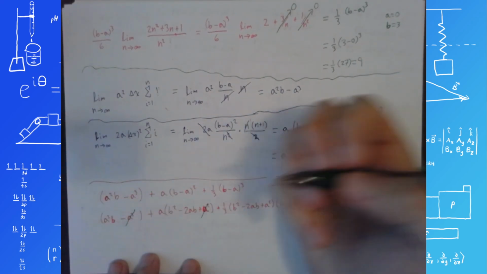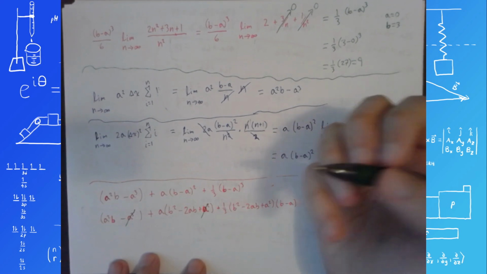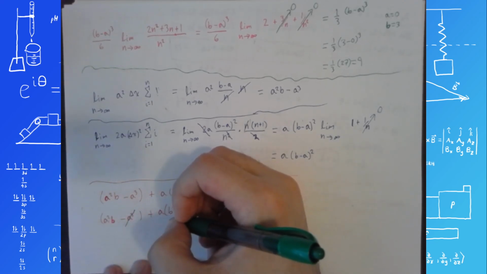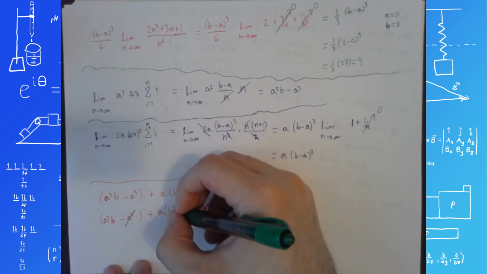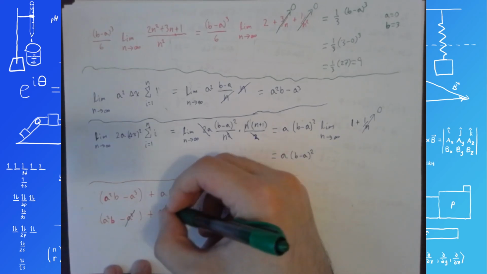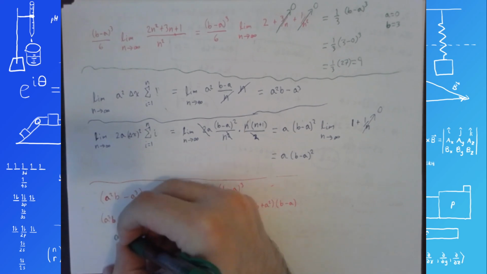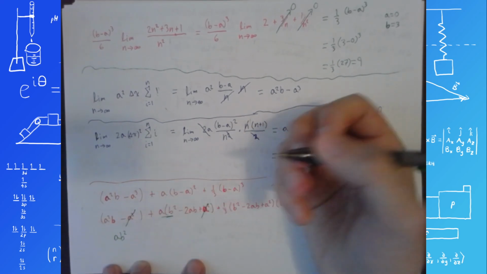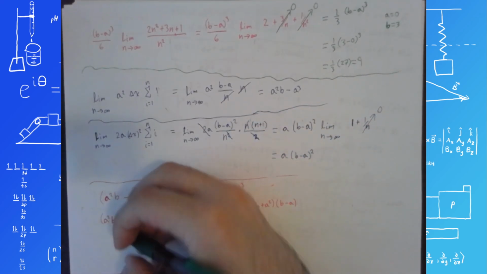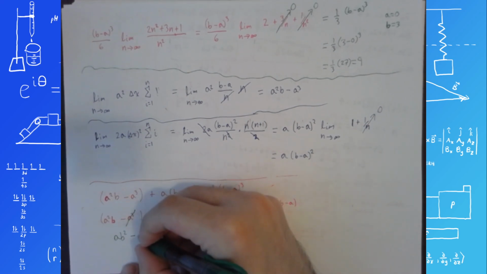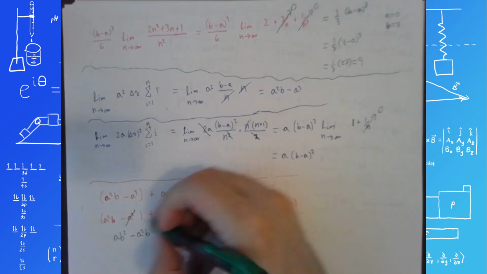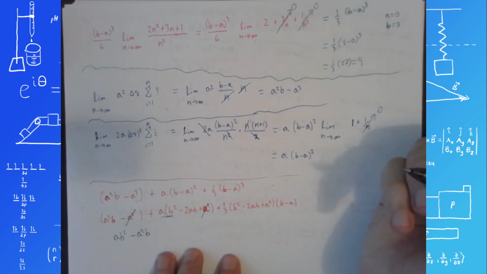Let's see. I'll write the ab squared first. So ab squared from here. And then minus 2a squared b plus 1a squared b. Minus 2 and plus 1 is minus 1a squared b. And that's all that's left of those two terms, it looks like.